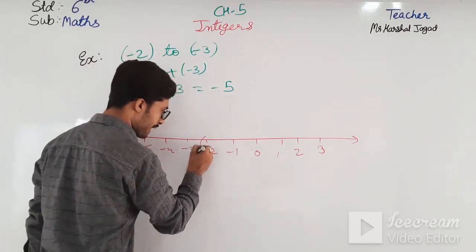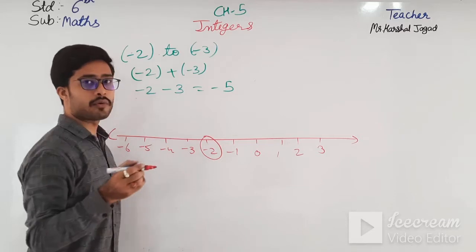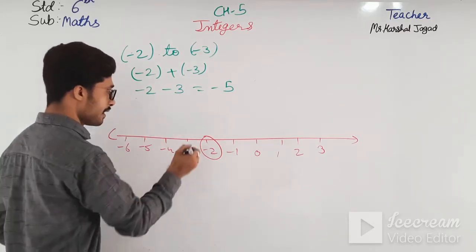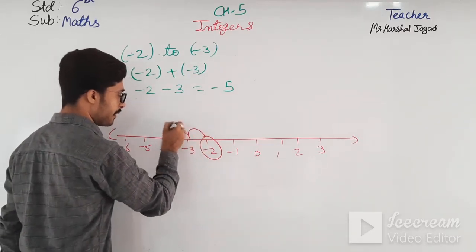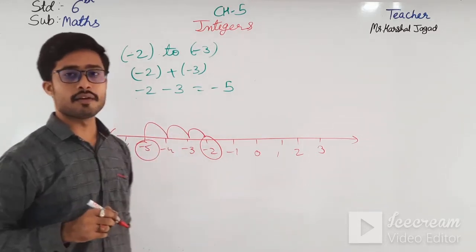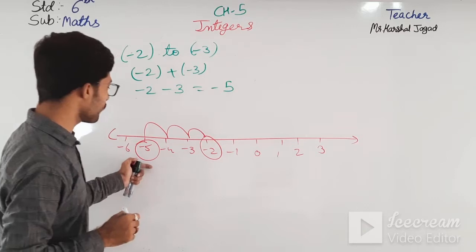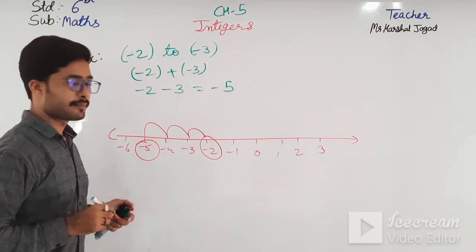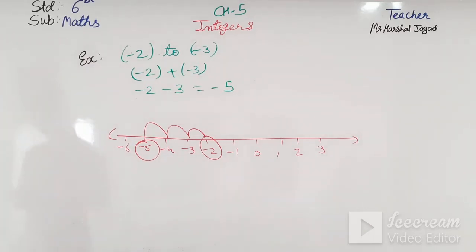Here it is -2. In that, what we have to do? Move -3, so this is 1, 2, 3. So this is -5. Okay students, this is -5. This way we have to do example number 11.